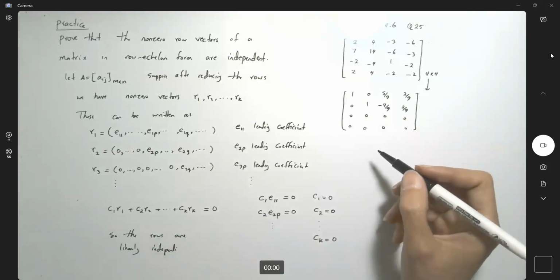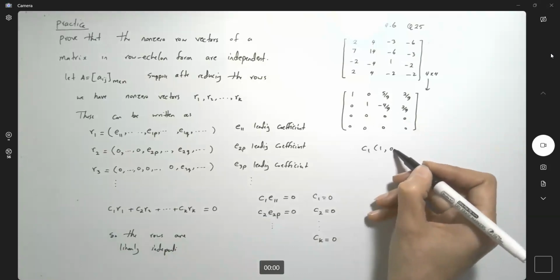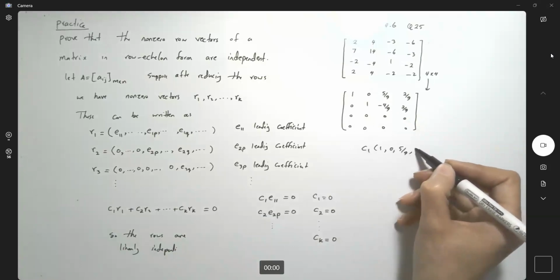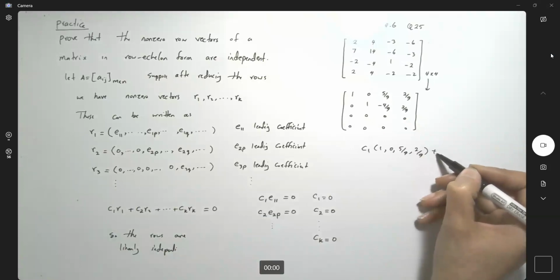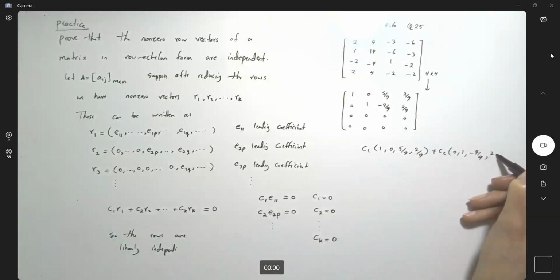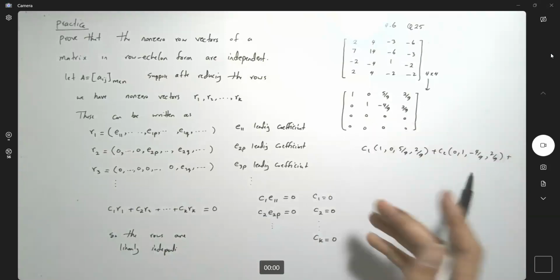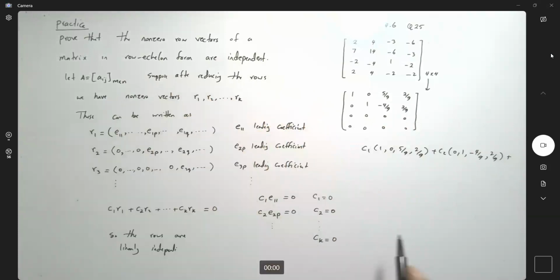I have the same process here. C1 R1: C1 times (1, 0, 5/9, 2/9), plus C2 times (0, 1, -4/9, 2/9), plus C3, C4, which are not included because we are just working with non-zero vectors. Set it equal to 0.